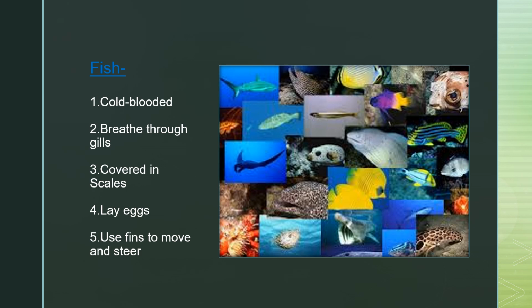A fish has a relatively small brain compared to most other animals, and they are very good at camouflaging themselves or hiding themselves on the ocean floor. And although jellyfish and crayfish have the word fish in their name, they aren't actually fish. They are invertebrates because they do not have a backbone.